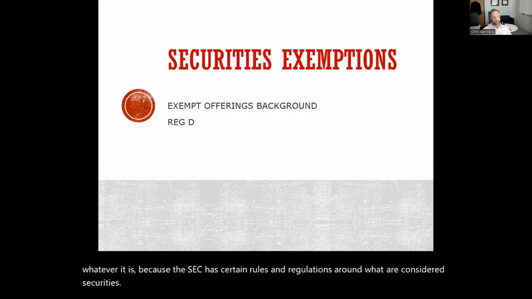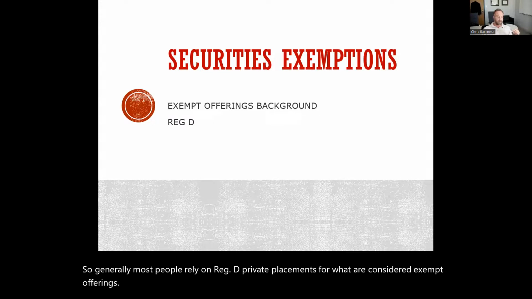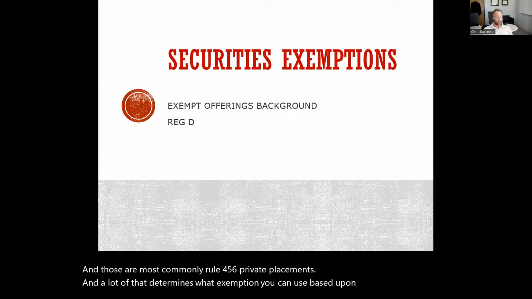So generally, most people rely on Reg D private placements for what are considered exempt offerings. And those are most commonly Rule 506 private placements. And a lot of that determines what exemption you can use based upon whether someone's an accredited investor.